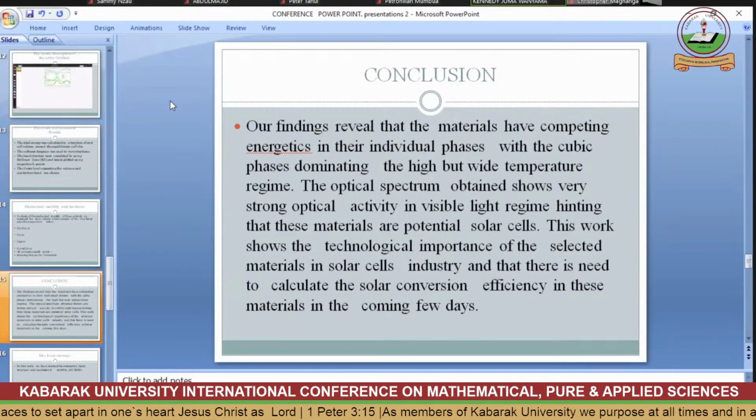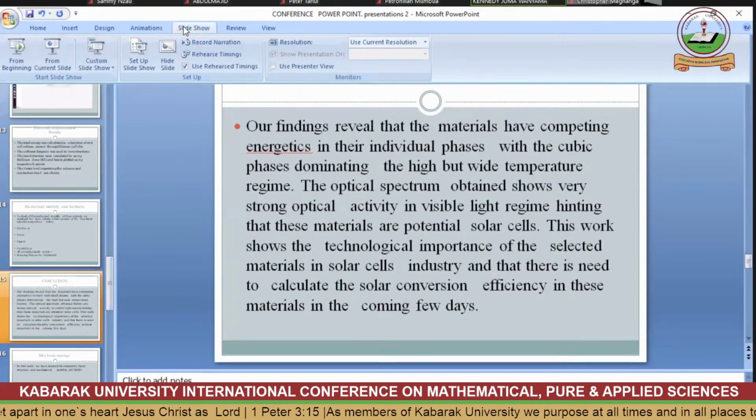I was saying our findings reveal that the materials have competing energies in the individual phases, with the cubic phases dominating the high to wide temperature regime.